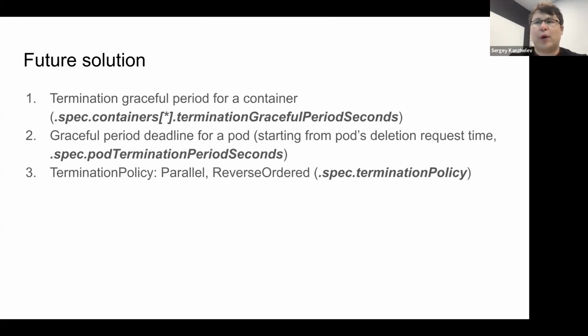We already have one termination period override. In a liveness probe, you can specify a grace period override. So if your liveness probe failed, then we can apply a different termination period for the entire pod. So you can say that if the liveness probe failed, it's a catastrophic failure, and we don't know how to gracefully terminate.